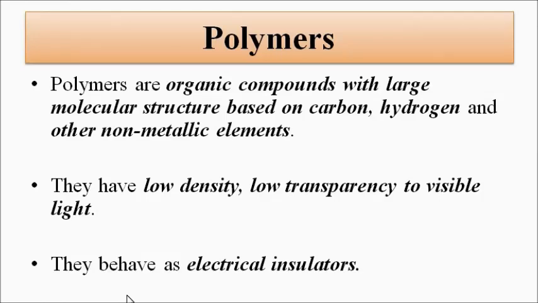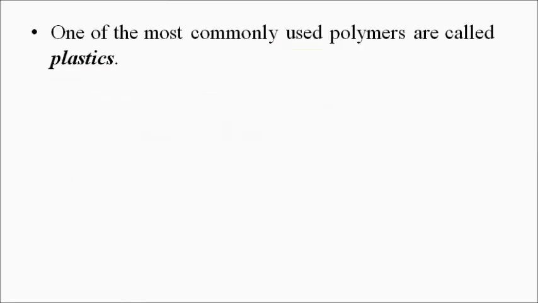And the suitable properties which they have, key properties, is that they have low density and low transparency to visible light, and they mostly behave as electrical insulators. Okay, and the most commonly used polymers that we use in our day-to-day life is plastics. Okay, so it is one of the most popular and common examples of polymers.